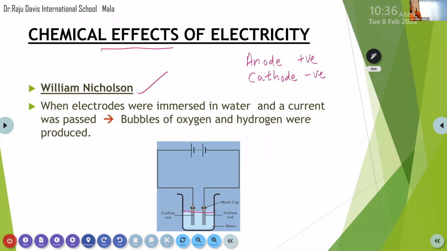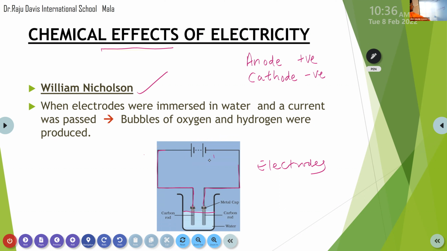For the experiment, we took carbon rods as electrodes, and the metal rod connected to the positive side of the battery is known as the anode, and the one connected to the negative side is known as the cathode. This much clear?